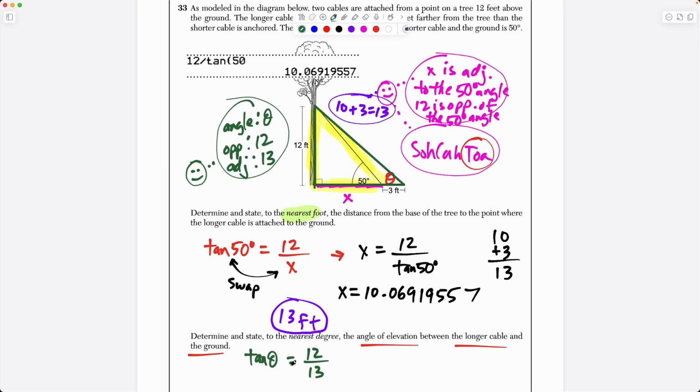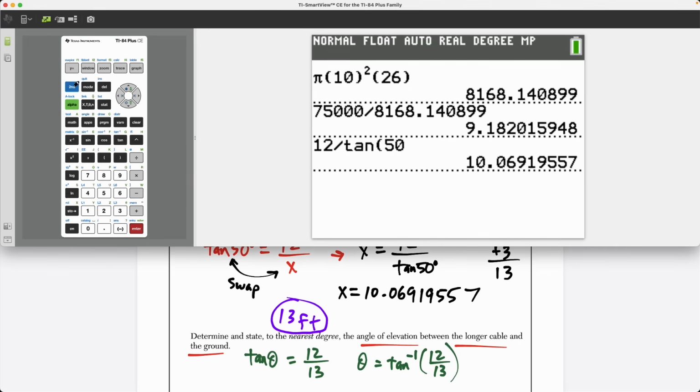But when we want to go from this to the actual angle, we have to use the opposite of tangent, which is tangent inverse. Okay, so that's the tan with the -1 here. That means tangent inverse. And we just write the ratio 12 over 13 on the inside, and then the calculator does the rest. So to get tangent inverse, we're going to press second tangent and then write in our ratio 12 over 13.